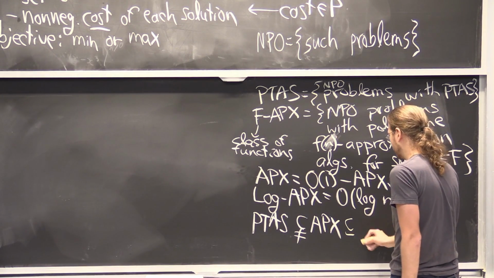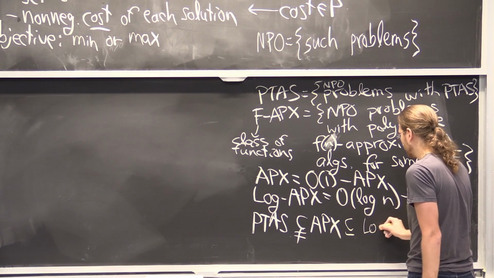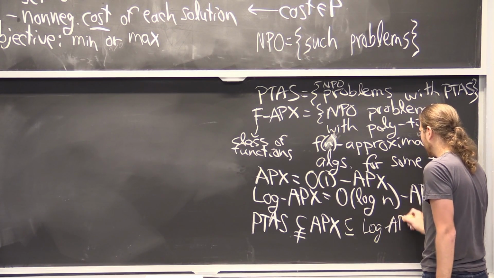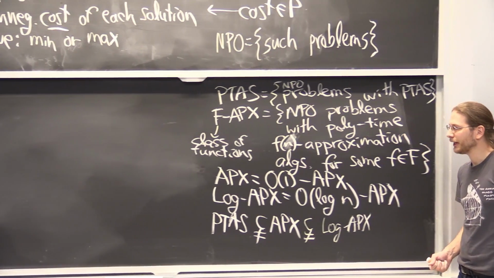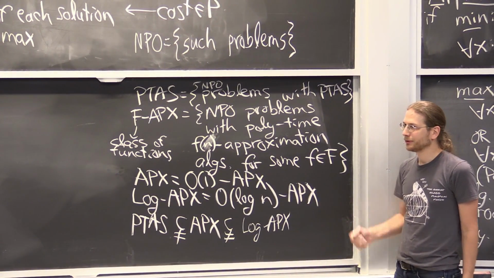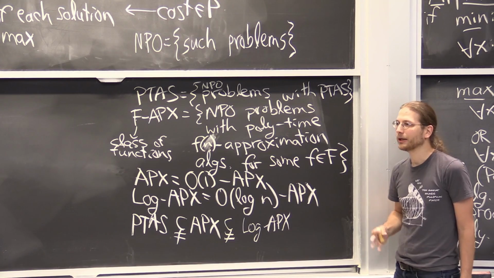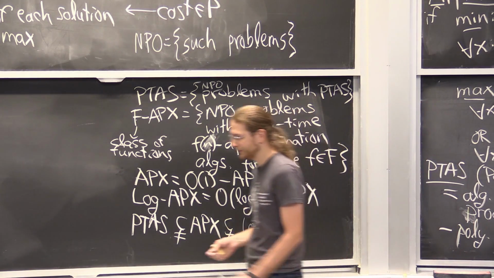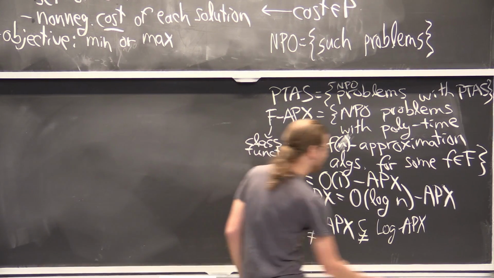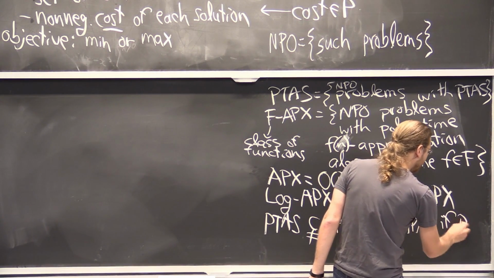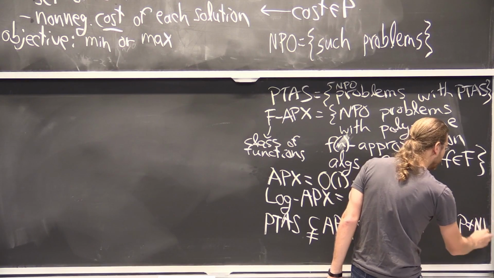And let's say log APX or whatever. You pick your favorite approximation factor, and there are problems where you can achieve that and nothing better. It's actually an easy exercise to come up with such a thing. This is if P does not equal NP.